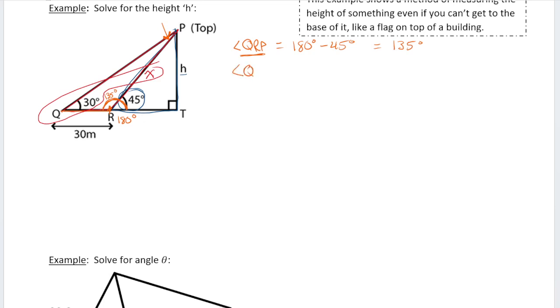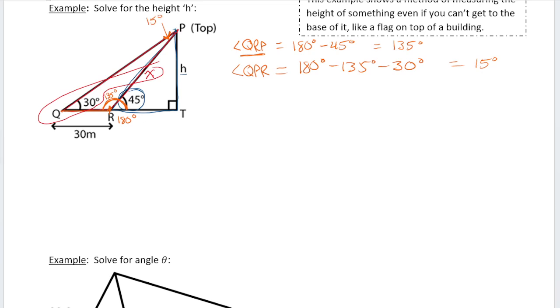So angle QPR, so going this way for P, so we understand that it's the side we want and it's not that side, is equal to 180 degrees minus 135 degrees minus 30 degrees, which is 15 degrees. So that one is 15 degrees.